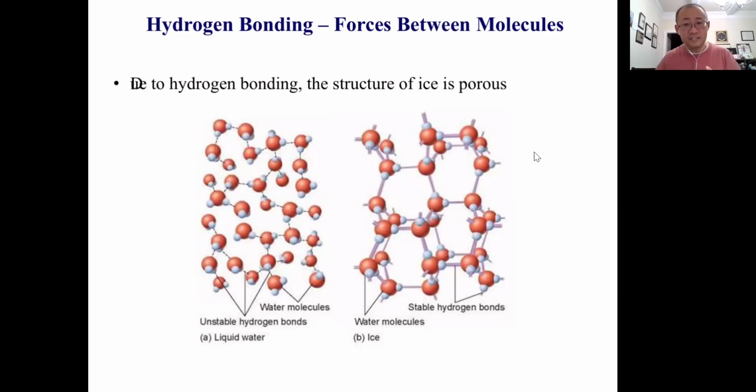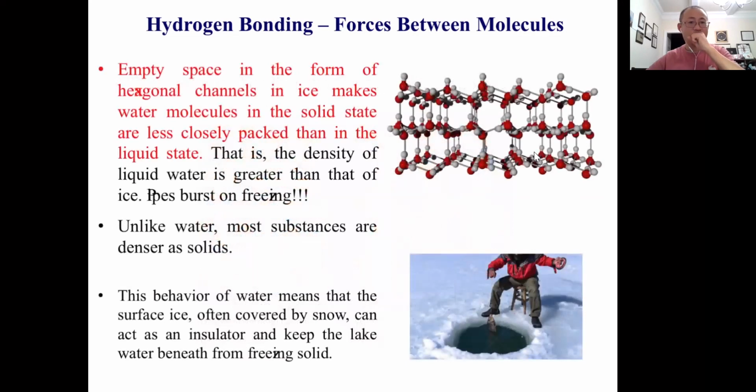And because of that, there are cavities or pores. The structure of ice has more holes or pores than liquid water, so the volume of water expands. Here is more explanation. When water freezes, because of the organized hydrogen bonding, empty space will be created in the form of hexagonal channels in ice.